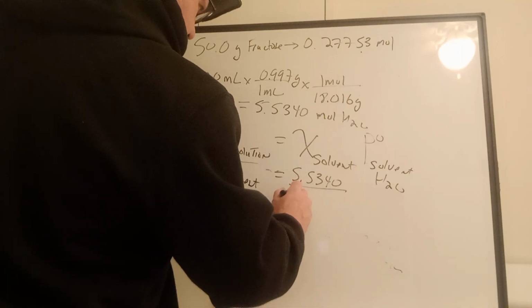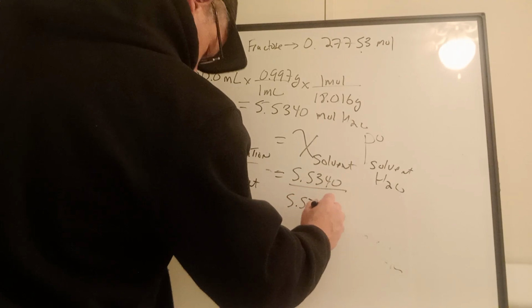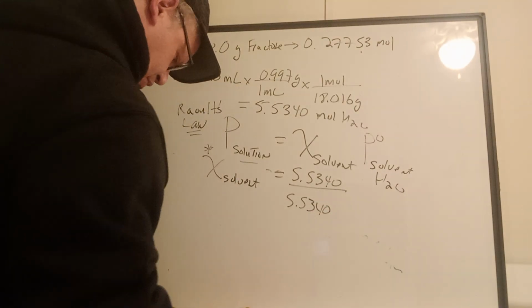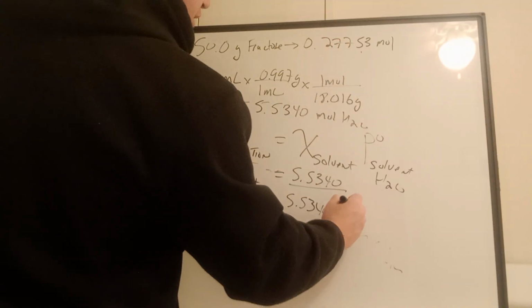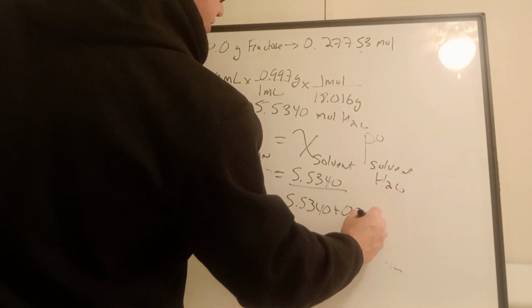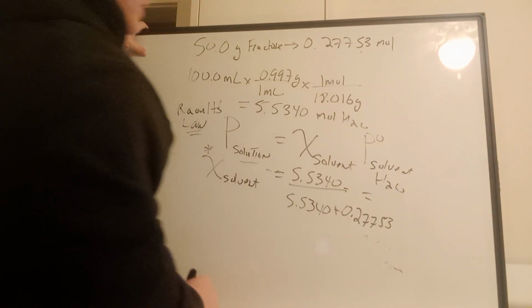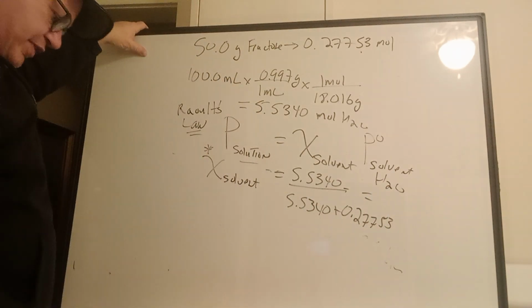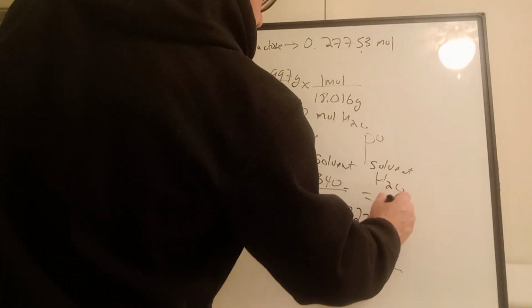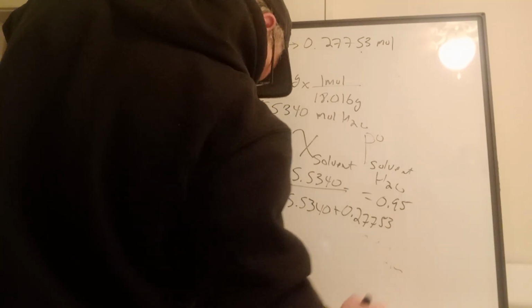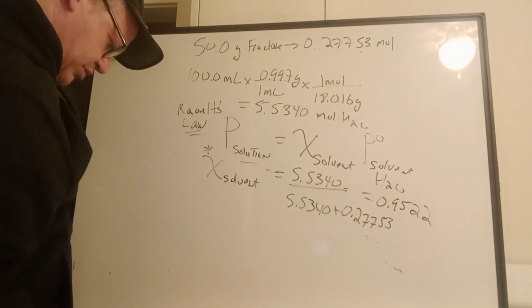The moles will cancel. And then we have 0.27753 moles for the fructose. Verify that. So I end up with 0.9522, verify that, it should be very close.